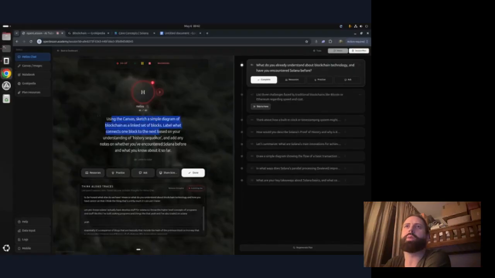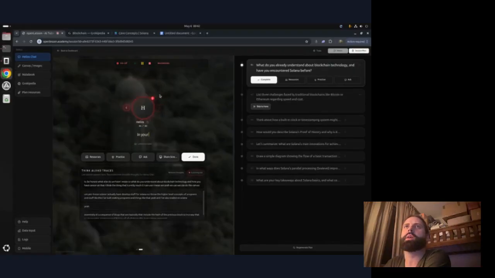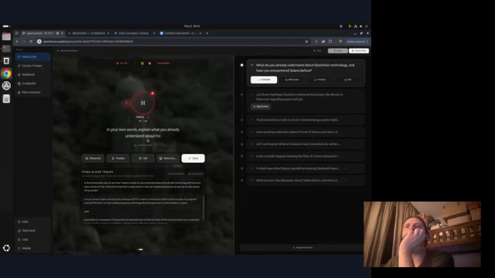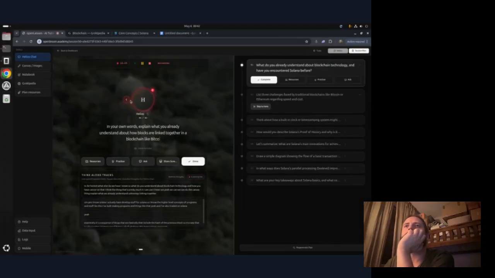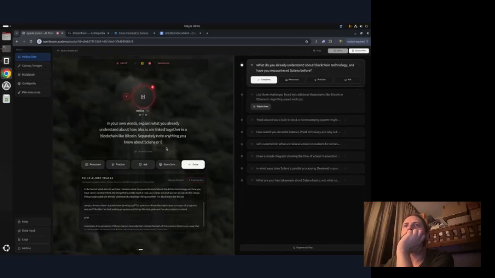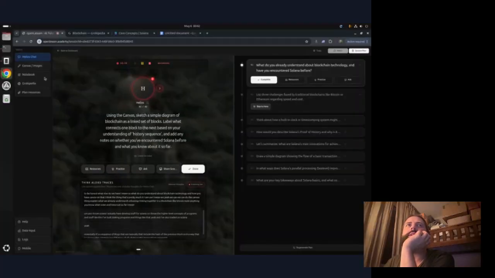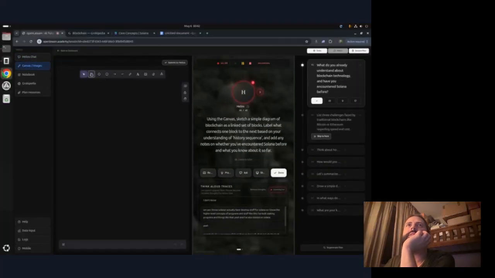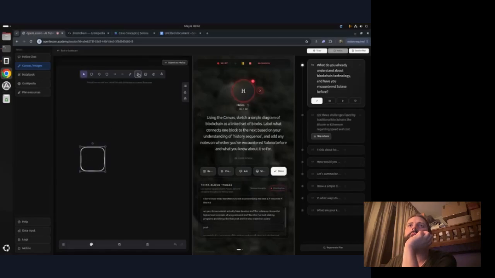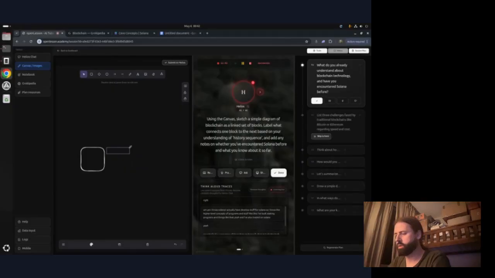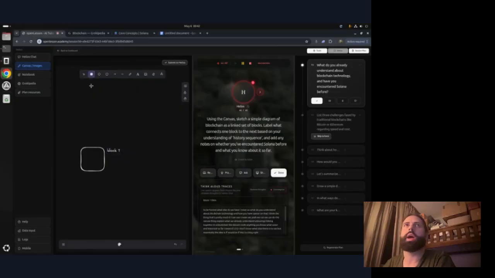I can use, I mean, yeah, we can do the canvas thing. Explain what you already understand about blockchains linked together, like Bitcoin. Separately note anything you know about Solana and history sequence so far. I don't know what else there is to it, but essentially the idea is if this is a block, Block 1, then you have a second block, Block 2.